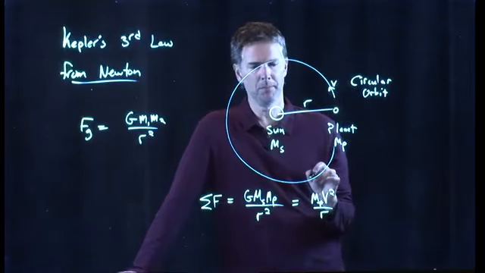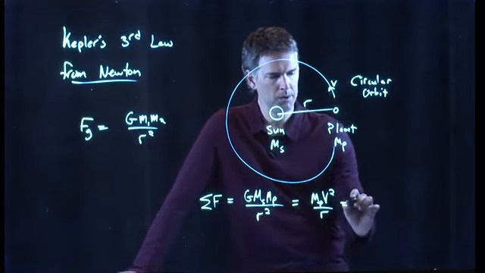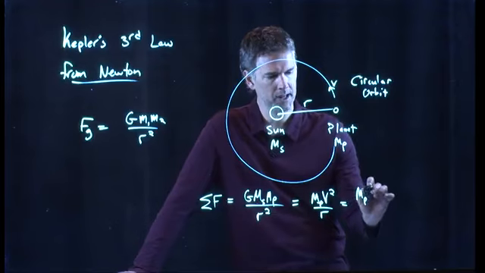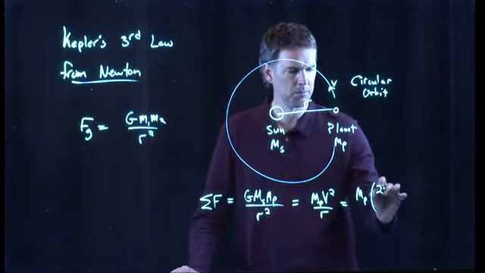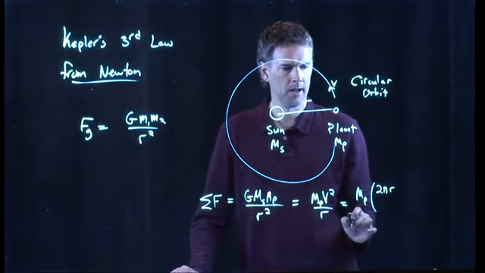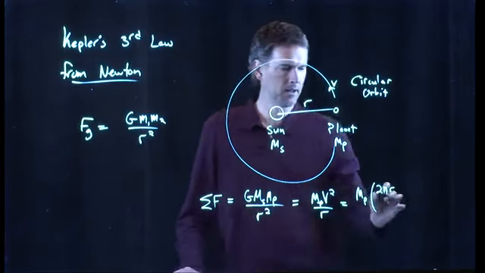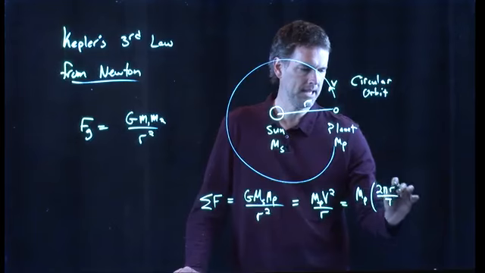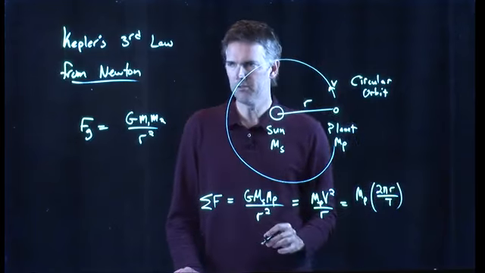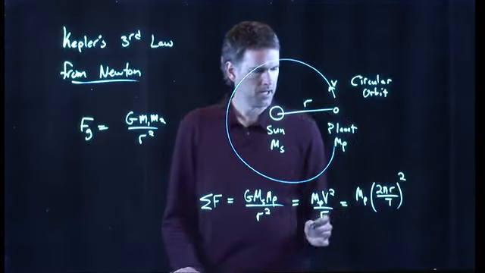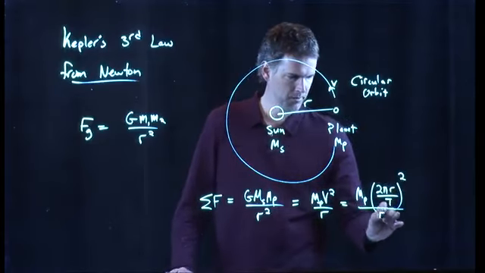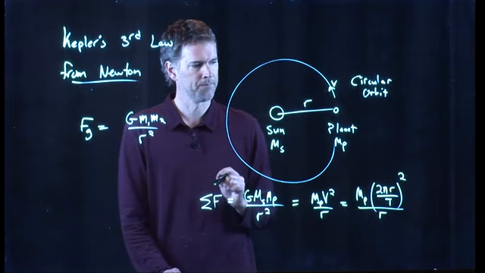V is the speed of this thing, but what we do know is that if it goes all the way around, it goes a distance 2 pi r. And if it goes all the way around in an amount of time T, then that speed is just 2 pi r over T, distance over time. And that thing we got to square, and we still have an r in the bottom.